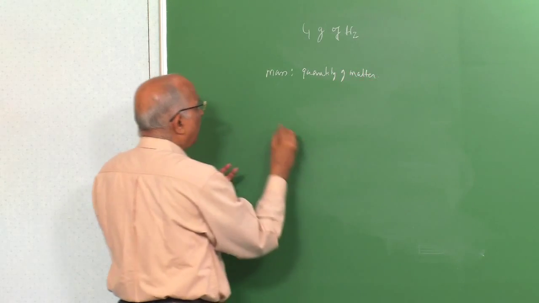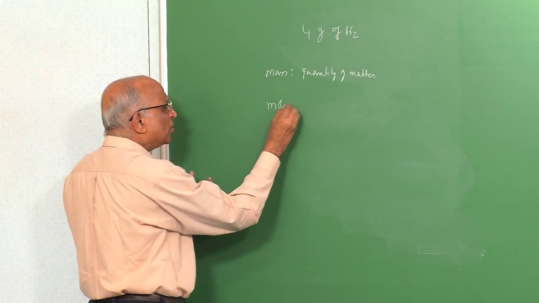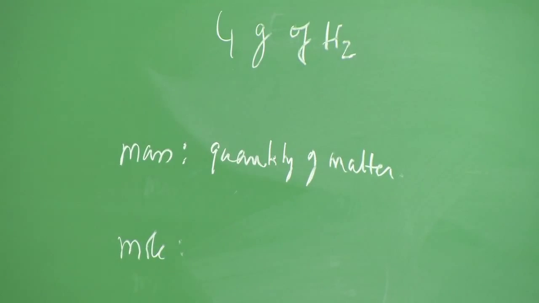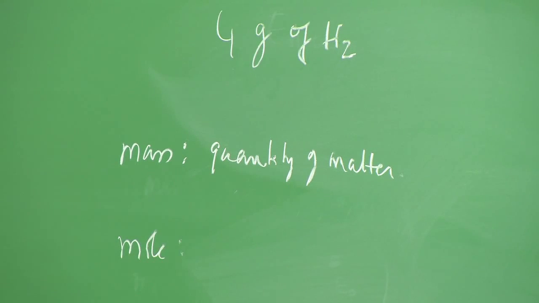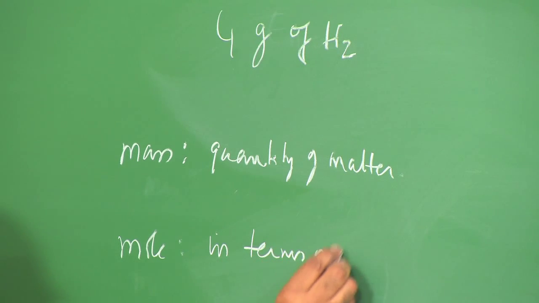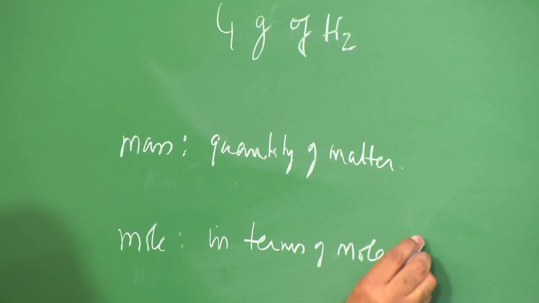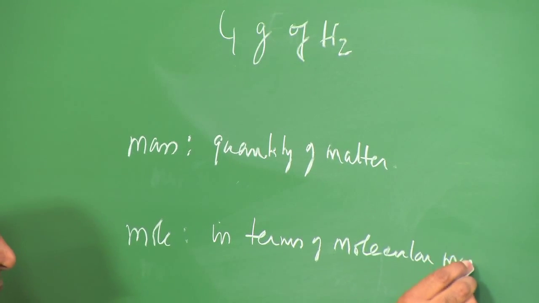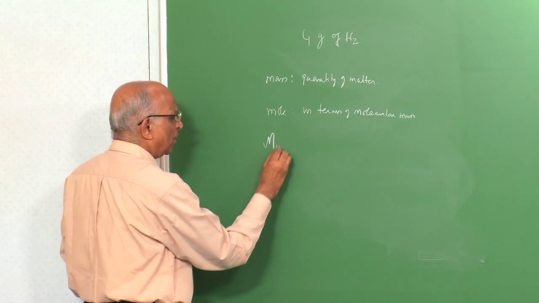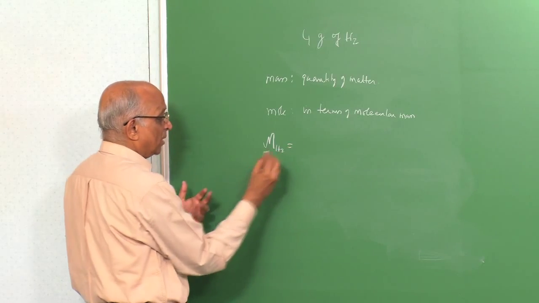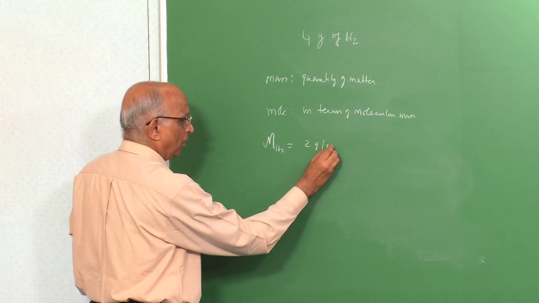Well, when we say mole, it also talks of the same thing. It also talks in terms of quantity of matter, but instead of talking in terms of kilograms or grams, we say in terms of molecular mass. What does this mean? Supposing hydrogen has a molecular mass, and we know the molecular mass of hydrogen is 2 grams per mole.